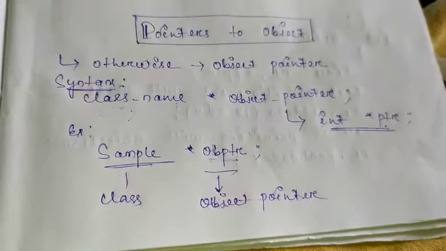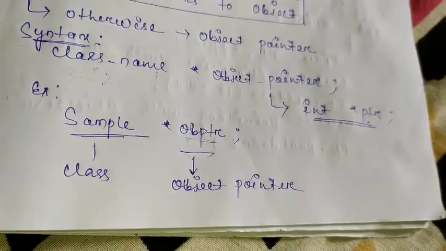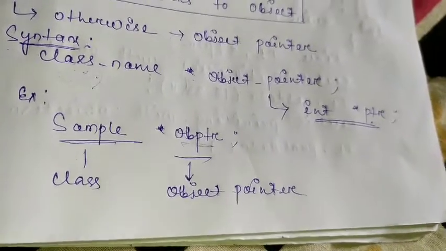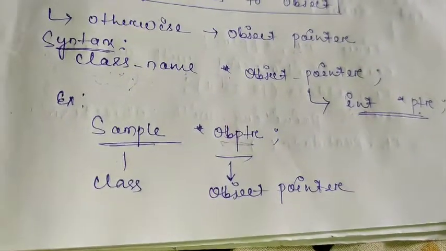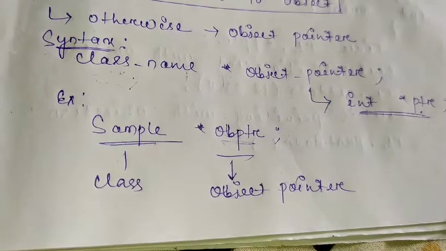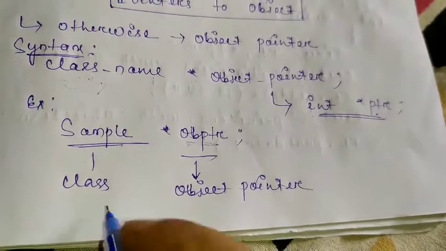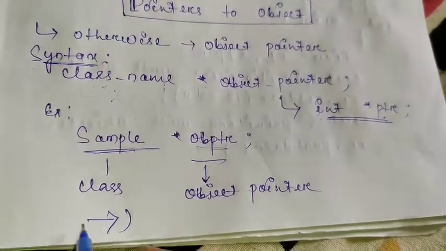Another thing is that when we are accessing the members, like the functions or the data members, then we use the arrow operator.